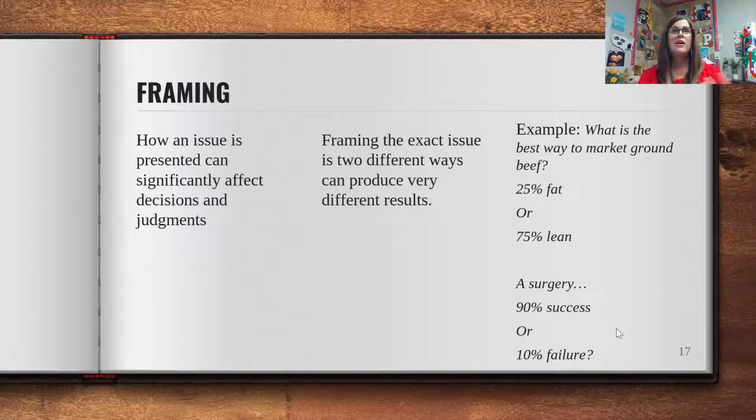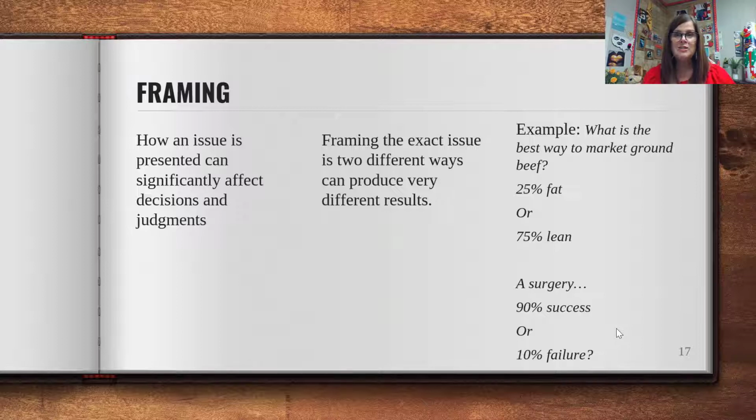The word fat is automatically going to make them think, ooh, this has fat, that's not good. But if it's 75% lean, ooh, I might rather have this because it's not as bad for me. It's actually healthy because it's 75% lean. It's the same product. It's just framed differently.